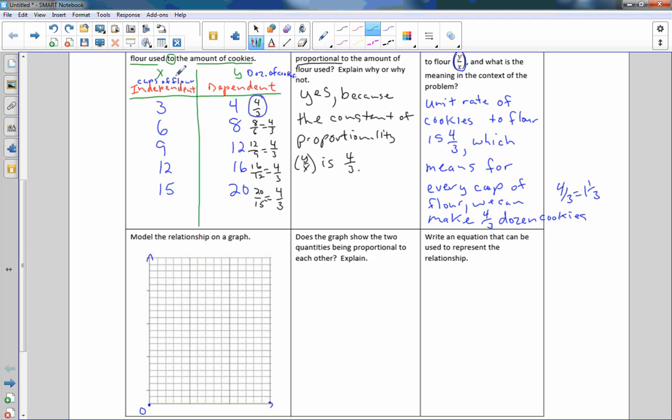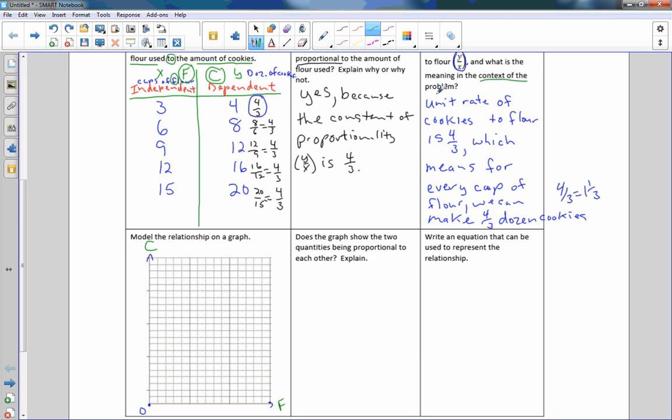I am going to say cups of flour f and dozens of cookies c instead of x and y. So we're going to use f and c. So x is my x-axis, which is down here, and I'm going to call that f instead. And this is my y-axis, but we're going to call it our c-axis in context of this problem.